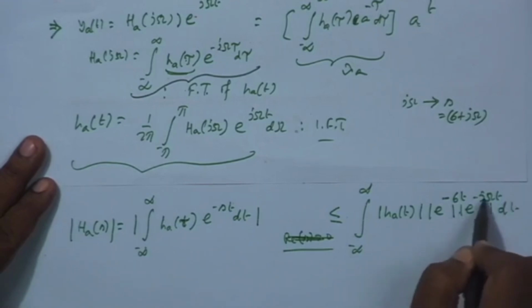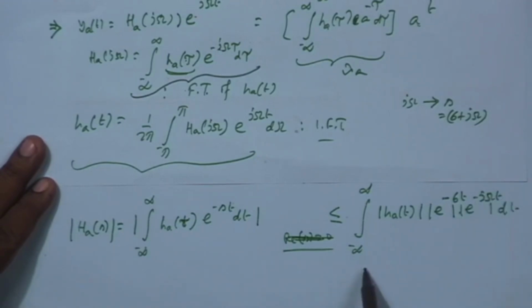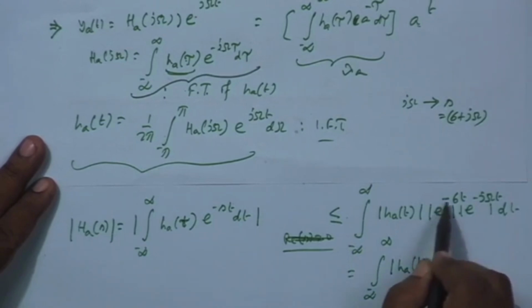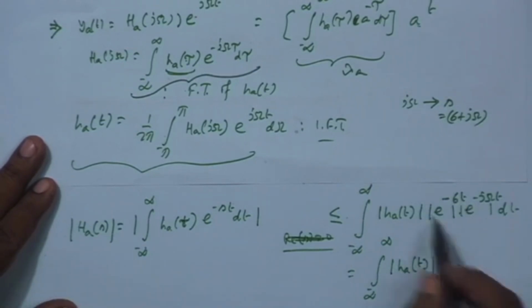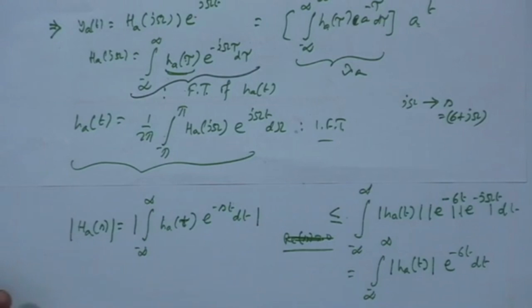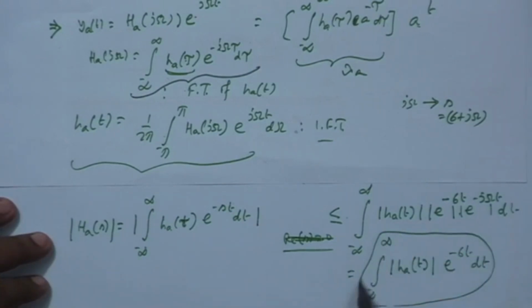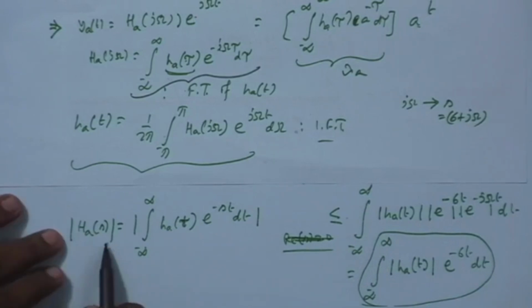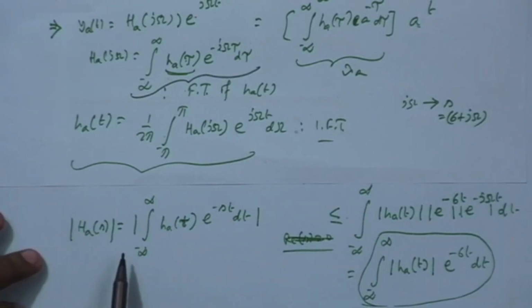But mod of e to the power minus j omega t is 1. And e to the power anything real is positive, so no mod is required on that. So, you see, if this quantity is finite, then this is finite and the Laplace transform exists.